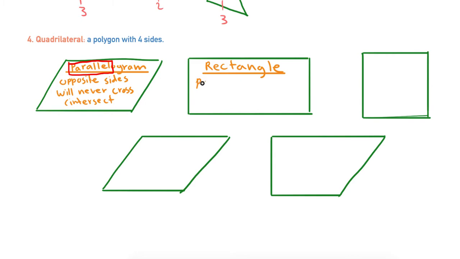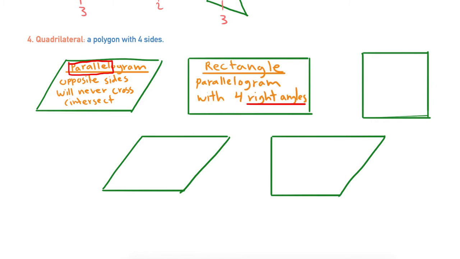So it's a parallelogram, that's a hard word to say, with four right angles. All right, so if we remember our last lesson, we learned about right angles, okay?